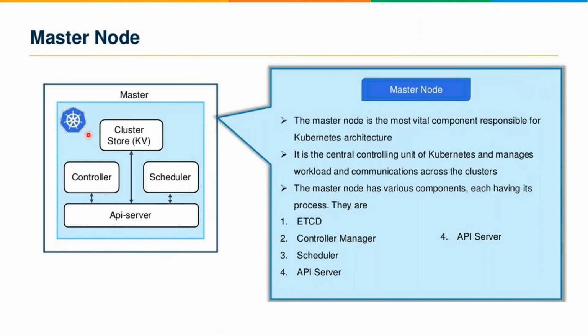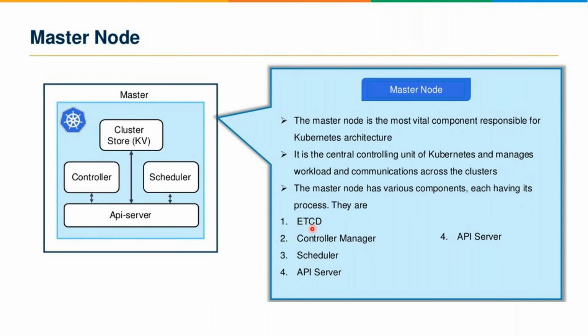Basically, what is the master server? The master node is the most vital component responsible for the Kubernetes architecture. It is the central controlling unit of Kubernetes and manages workload and communications across the clusters, right? The master node has various components, each having its own process.